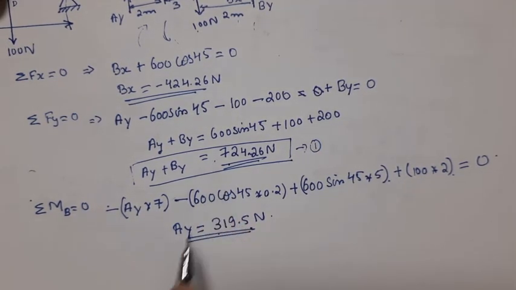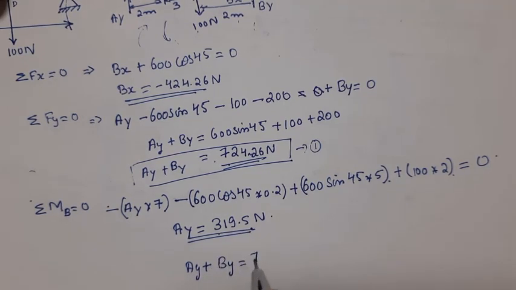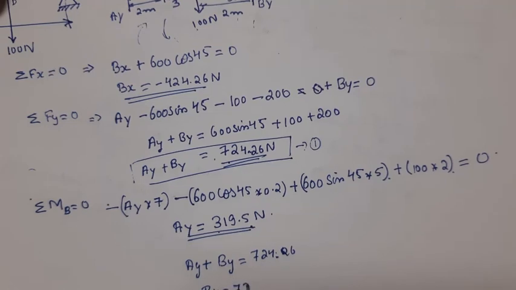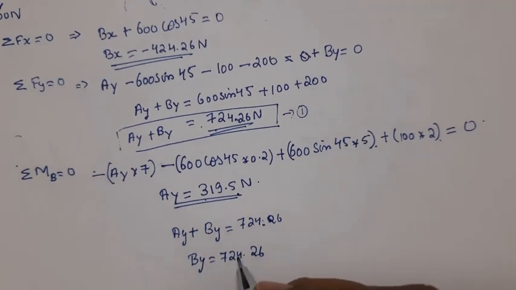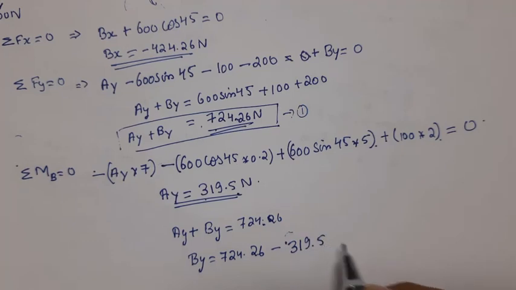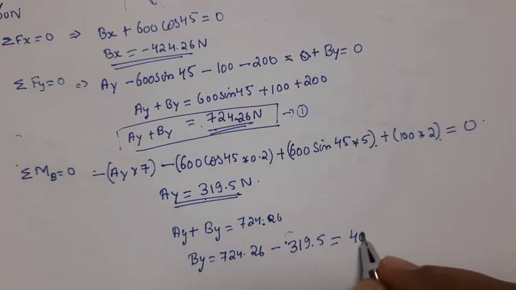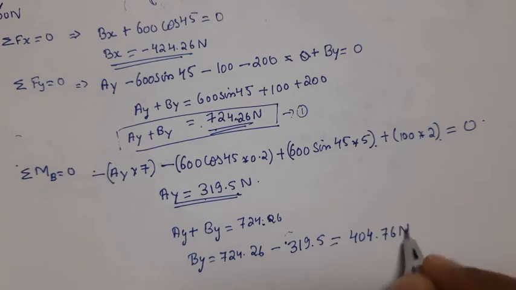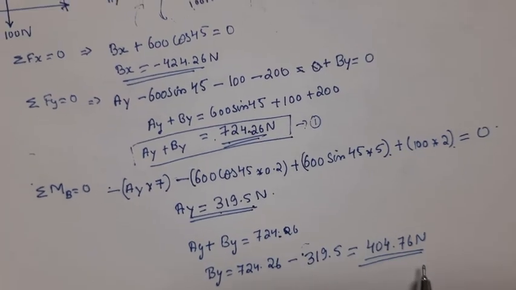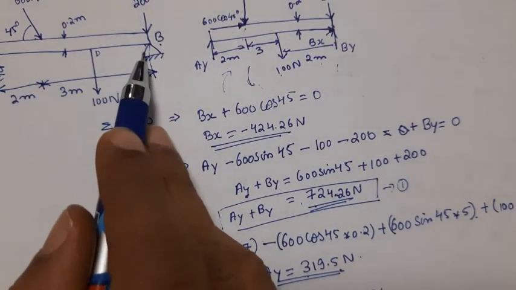When you substitute this in Ay plus By is equal to 724.26, we will get By is equal to 724.26 minus 319.5, which is equal to 404.76 Newton. So this is the reaction force that you get at these two points here.